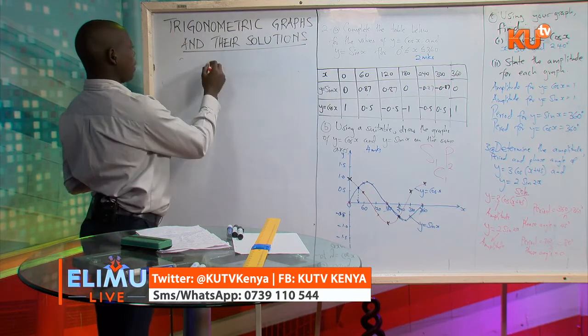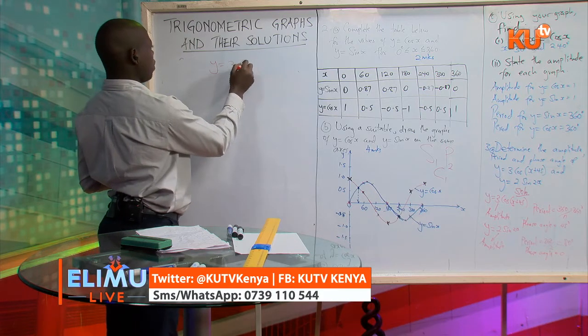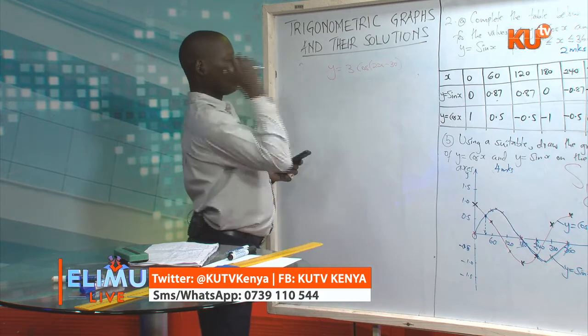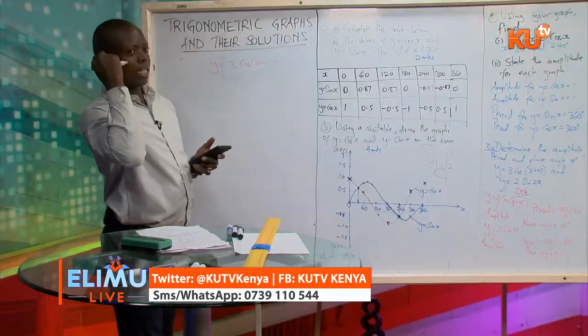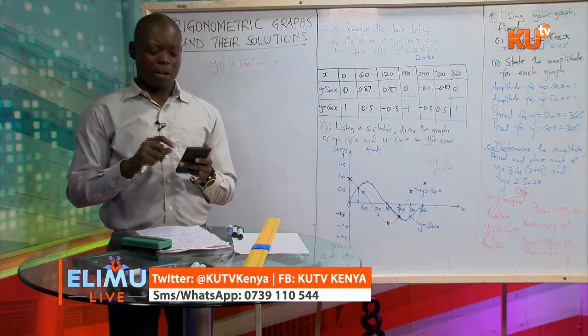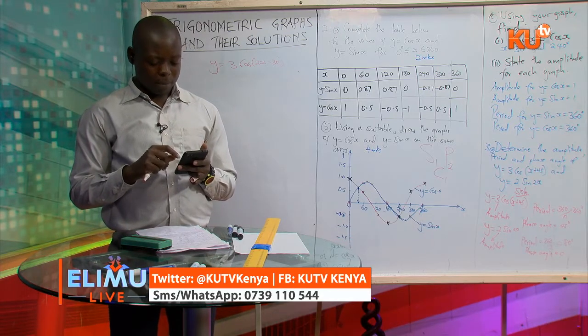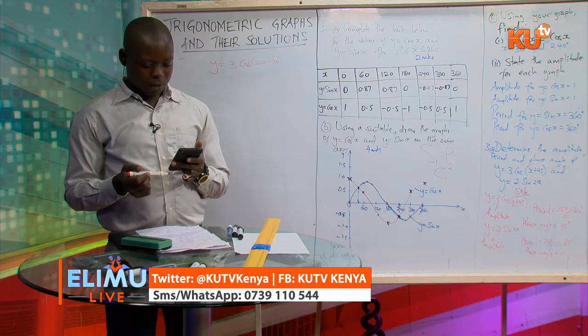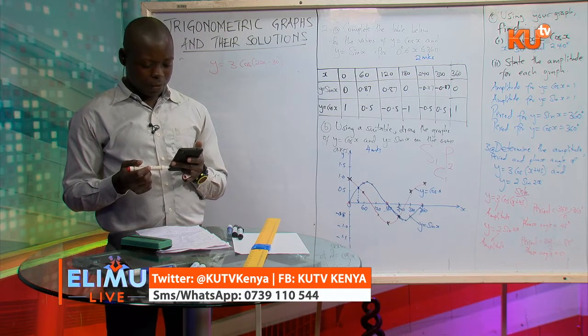If we found, for example, y is equal to 3 cos (2x less 30), then our phase angle is 30 degrees, only that we are subtracting. So it can either be addition or subtraction, but when giving the phase angle, we give it as a positive value.